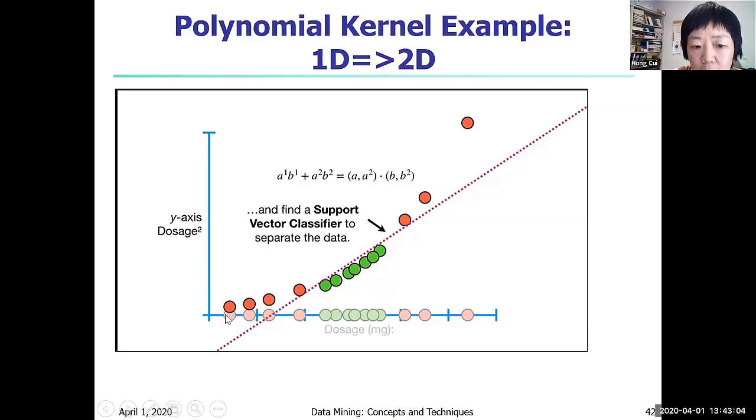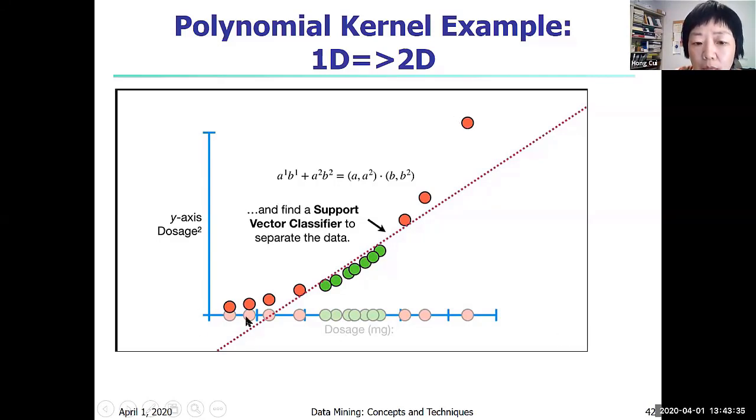Our original data are here. They're one-dimensional. By using the original data, but introducing a second dimension that's the square of the original data, we actually transformed the original data points from this position in the original one-dimensional space to this curved position in this two-dimensional space.